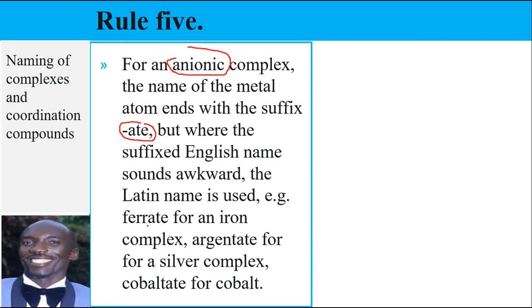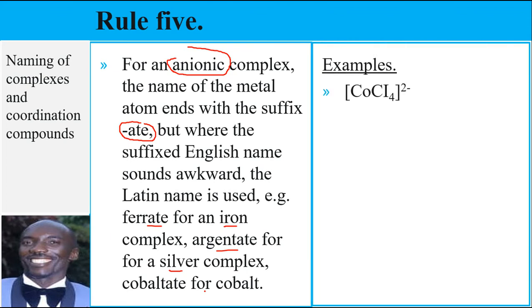For example, we have ferrate, which stands for an iron complex. We have argentate, which stands for a silver complex. So where we have a complex which has silver and is negatively charged, or the net charge is negative, silver changes from silver to argentate. Then cobalt turns to cobaltate, like how we can see in these examples.